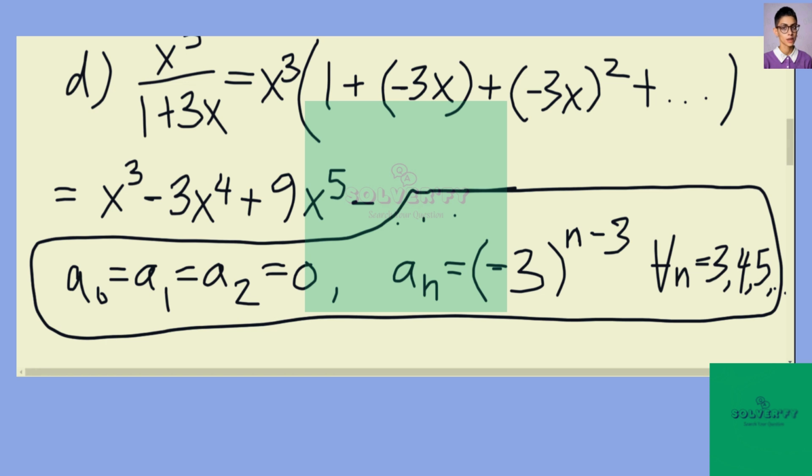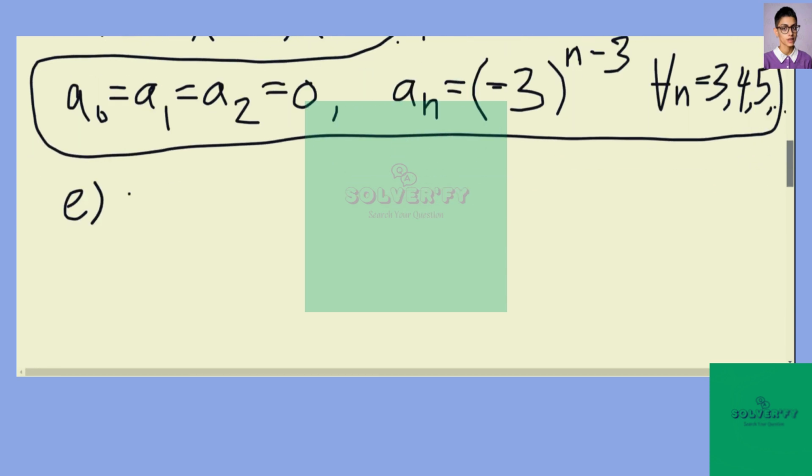In part E, we're given the generating function x squared plus 3x plus 7 plus 1 over 1 minus x squared.